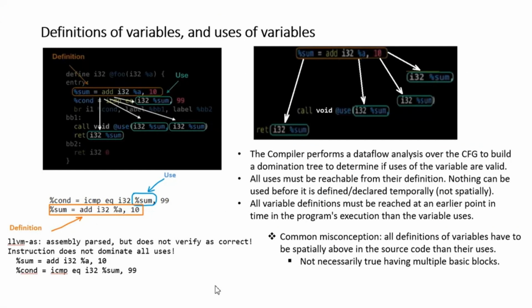So the basic point is that if, for example, this %sum is used in other instructions, and we want to remove that instruction, basically we can only remove an instruction if that variable is not used anywhere else in the program, and if its definition does not have any side effects, such as calling functions, then it can be removed.